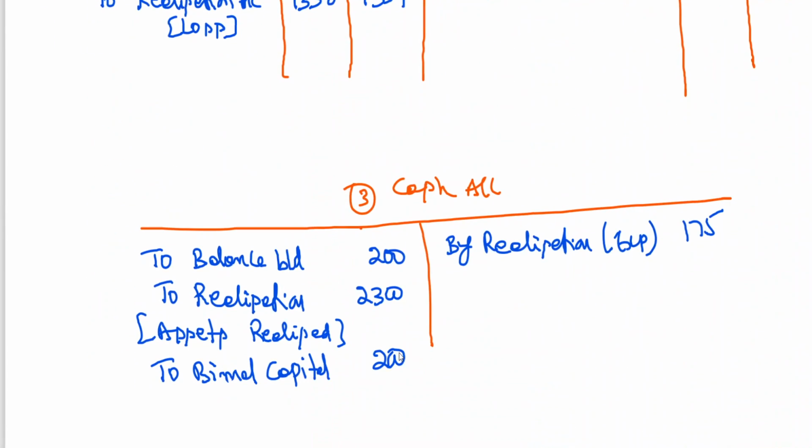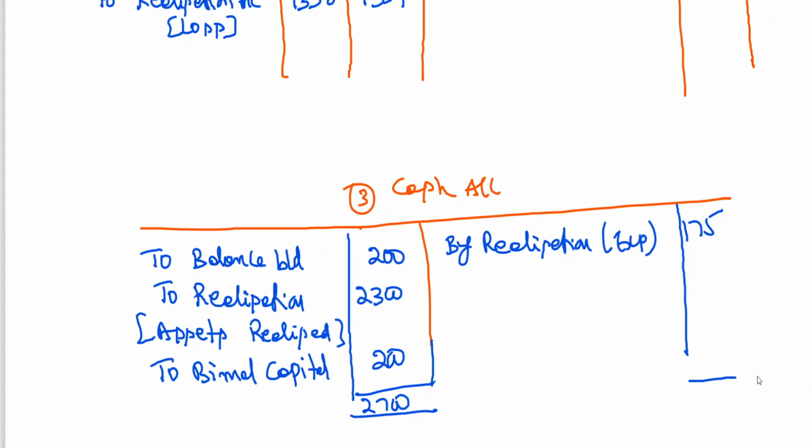Now what we can do, we can close the cash account. The reason is that we need to make a payment to creditors. Unless you know what amount is available for making a payment to creditors, we can't close the creditors account. 2,525 is the cash balance which is available.